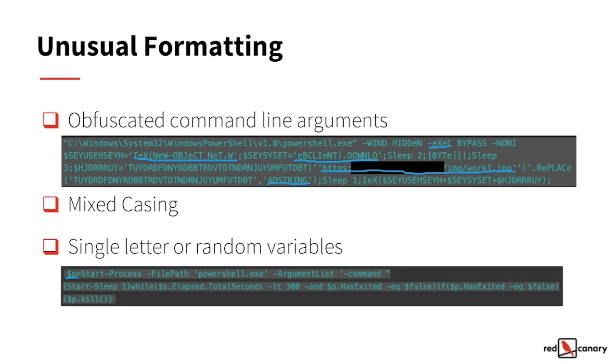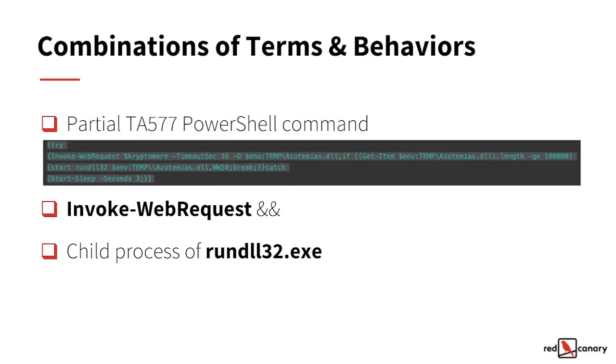And so here is a good example of a combination of terms and behaviors. This is a partial TA577 command, and you can see that it's calling Invoke-WebRequest, starting rundll32 to execute a file with a DLL with a weird name, and this WW50 is a super weird function.